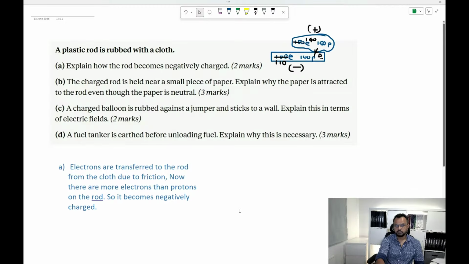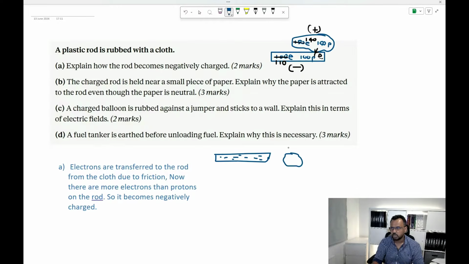part A done. Part B: the charged rod is held near a small piece of paper. Explain why the paper is attracted to the rod even though the paper is neutral. Now, this is a negatively charged rod, guys, and you hold it close to a piece of paper. What happens is there is charging by induction. It separates the charges.